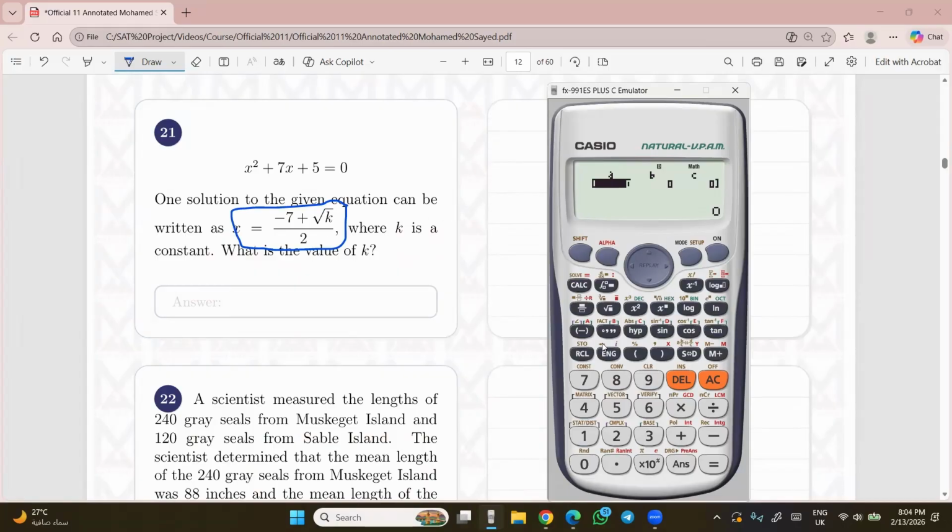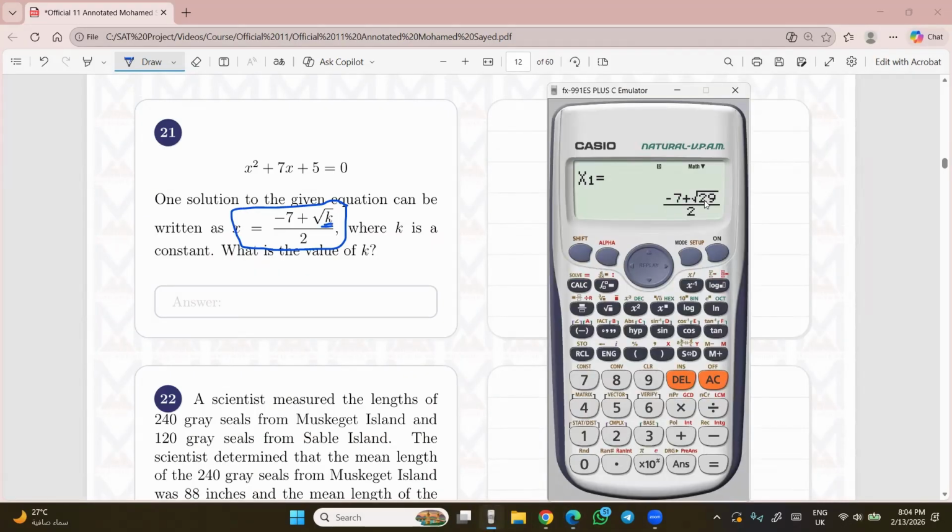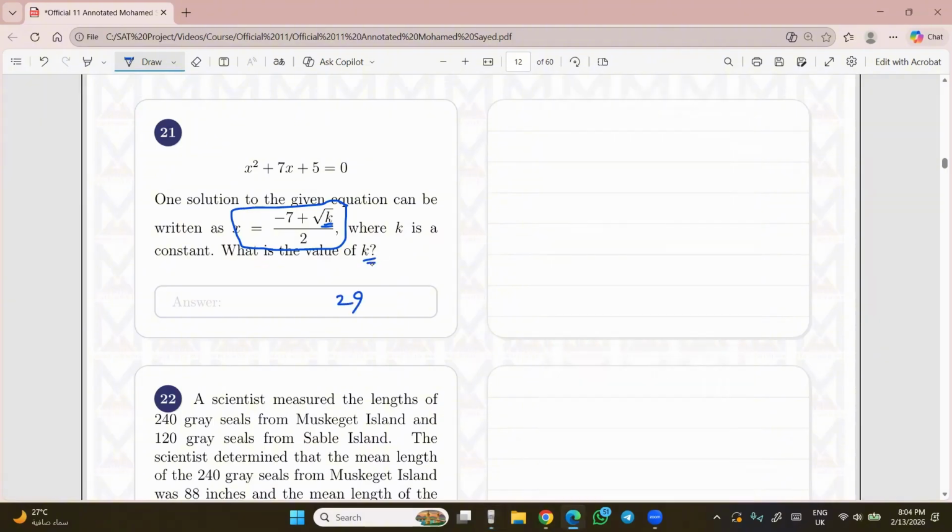So we can write A as 1, B as 7, and C as 5. This number is exactly the same as this one. However, k is the number that's inside the root, which is 29. So just write 29 for k, and that's it. The question asks about the value of k. So that's a very simple method to get the answer.